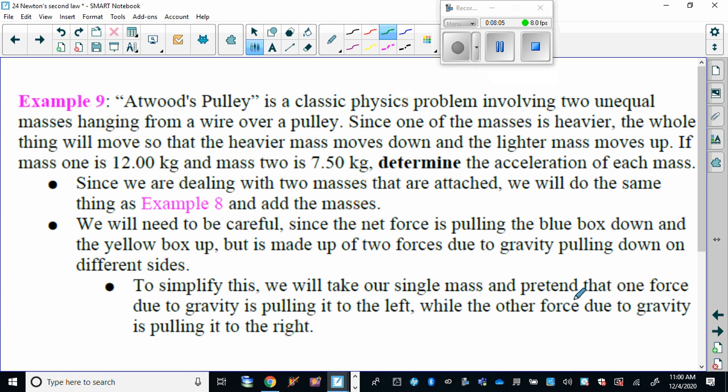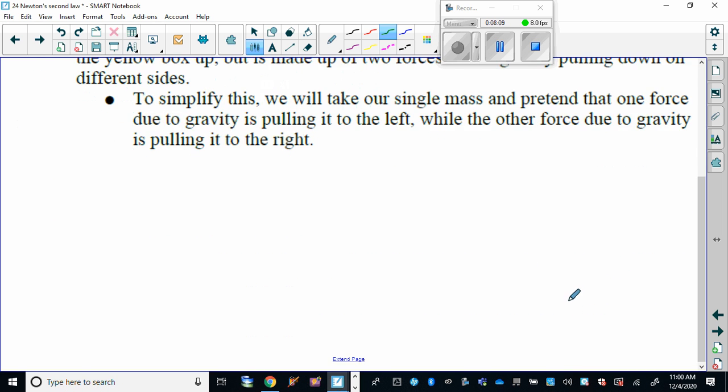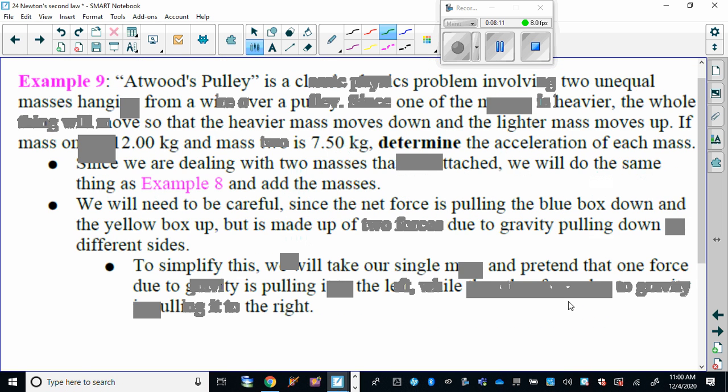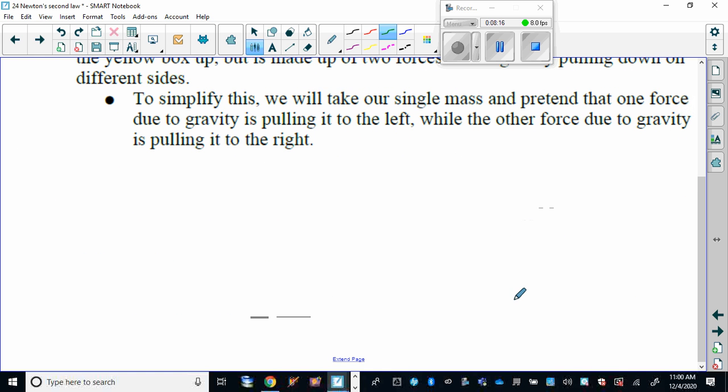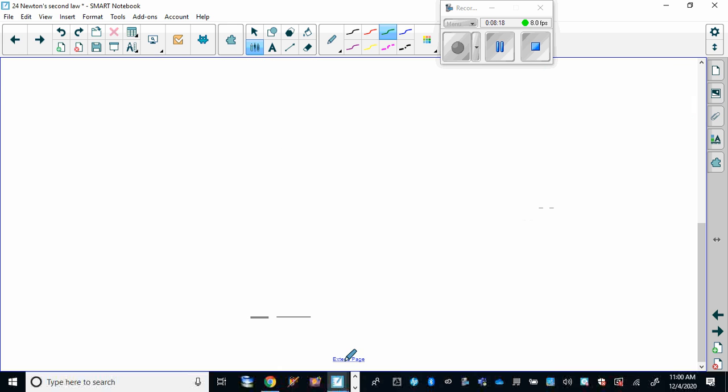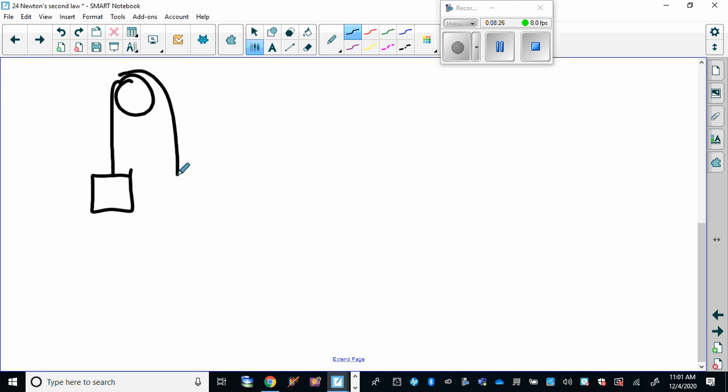Okay, on to the infamous Atwood's pulley question. So Atwood's pulley, we've got a mass of 12 and a mass of 7. So please read over the question, but I'll just draw a diagram so you can see what an Atwood's pulley question looks like. It looks like this. You have a pulley, and then you have a weight on one side, and you have a weight on the other side.